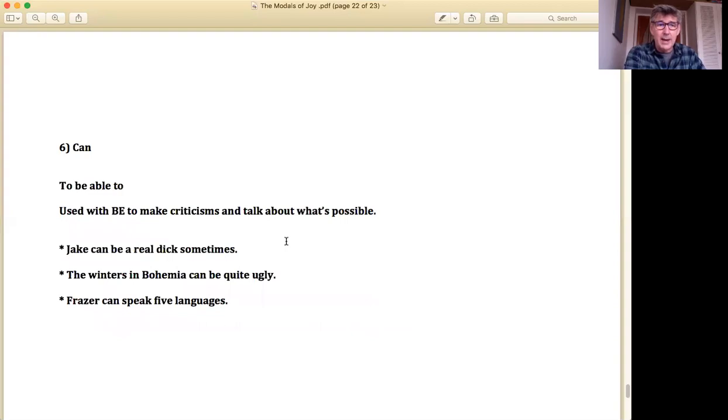And then we use can. Can means to be able to, like in Czech, I believe that's umět. And we use it with be to make criticisms and talk about what's possible. If we want to put can in the past, we could use could, but then it has a slightly different meaning.